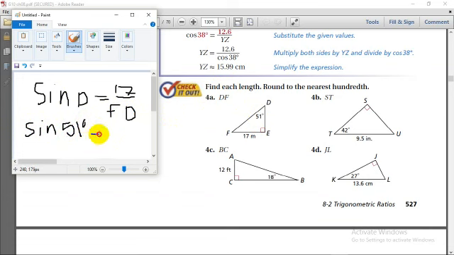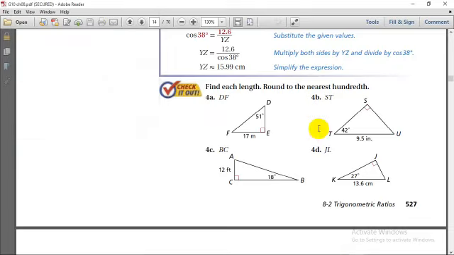Sine 51 equals 17 divided by FD, and I'm going to solve to find FD.